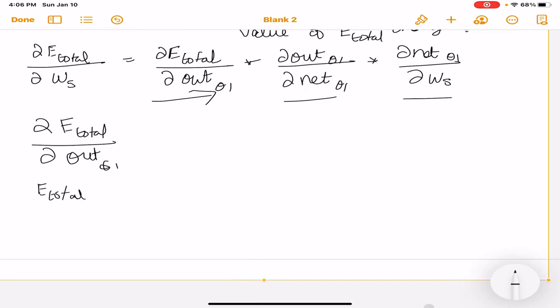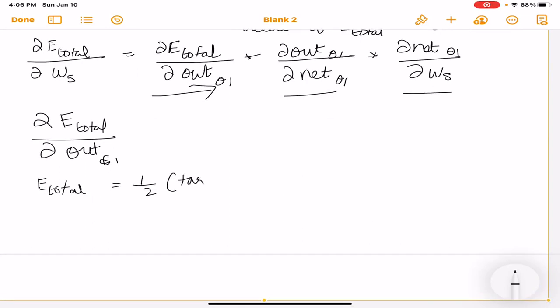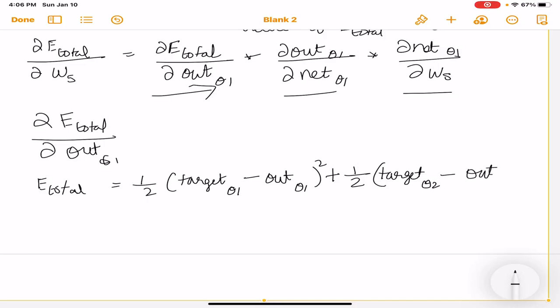E total was nothing but half into the square of target O1 minus out O1, where target O1 is the actual value of my node O1 and out O1, which we have already calculated from forward propagation, is the predicted value of O1, plus the same half into the square of target O2, the actual value of O2, minus out O2.